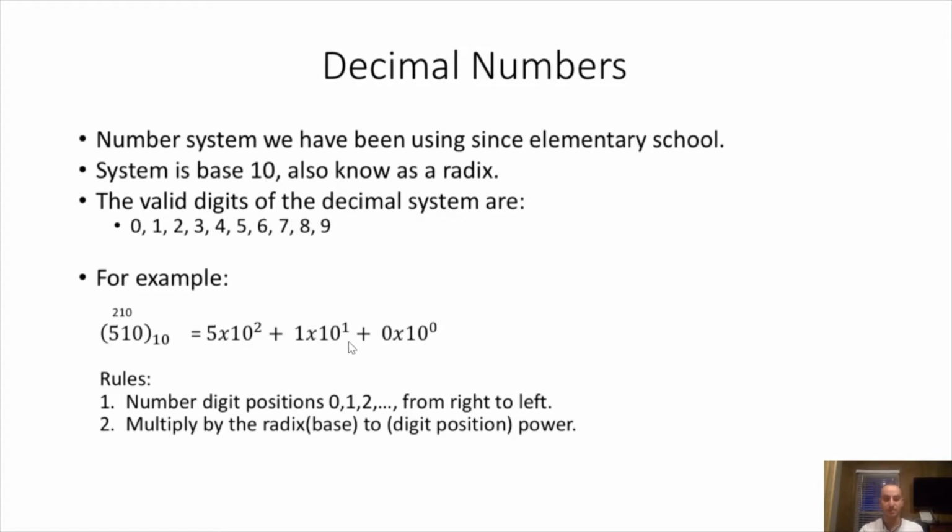In the example here, the number 510, the subscript is the base, showing that we are talking about a decimal number. Indexing the positions 0, 1, 2, we calculate it as 5 times 10 to the power of 2, plus 1 times 10 to the power of 1, and then 0 times 10 to the power of 0.